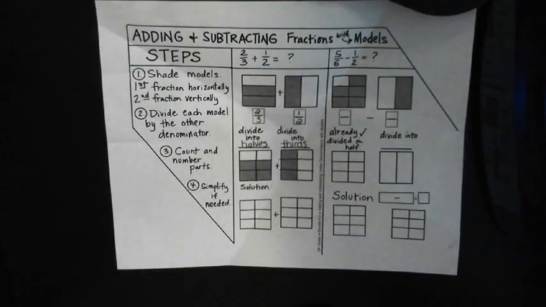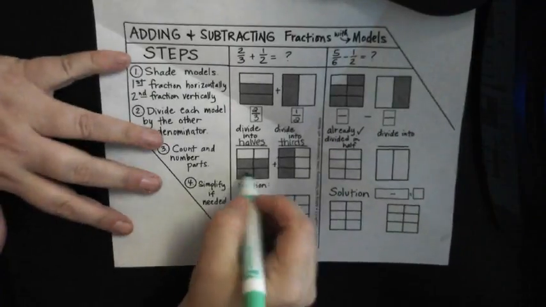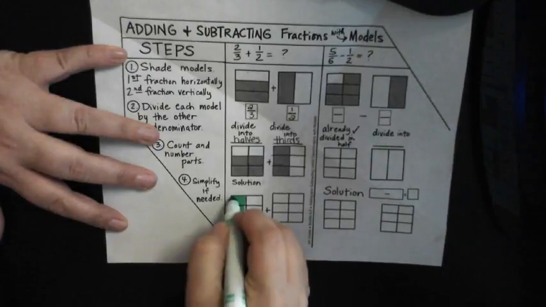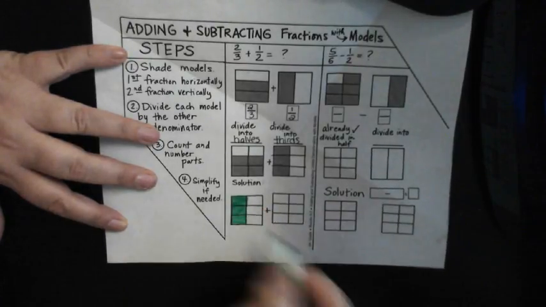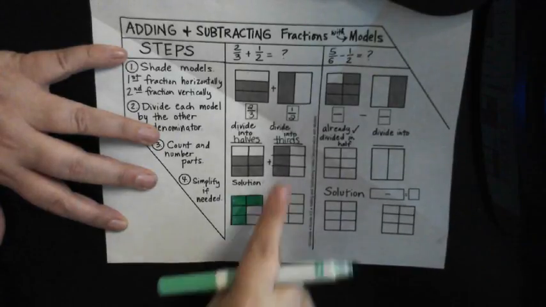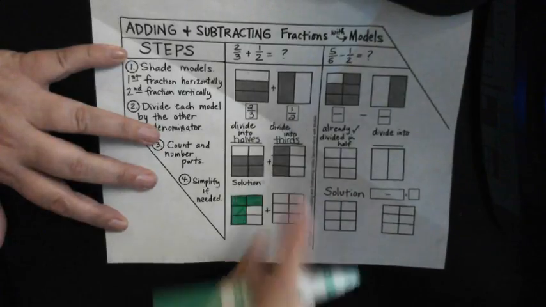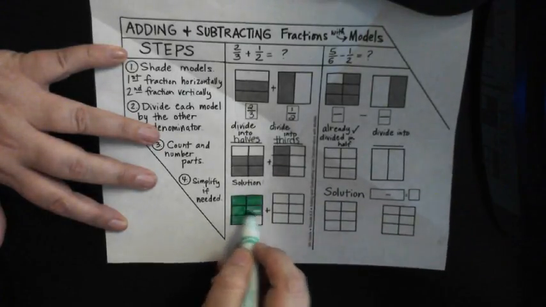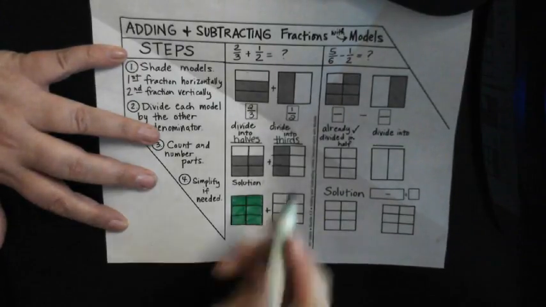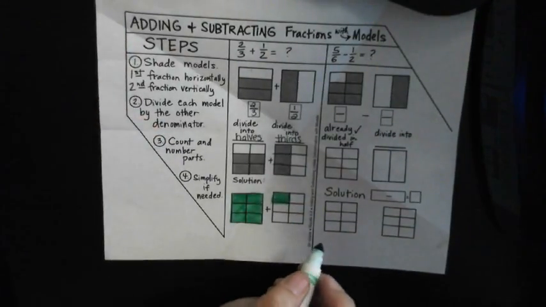Now, let's bring all of these shadings into one picture. I have 4 here, so I'm going to shade in 4. And then I'm going to bring this one over. Now I don't need to bring that down. We already know what that looks like. So I'm going to finish off this one, 1, 2, but I still have one more, so I'm going to bring it over here to 3.